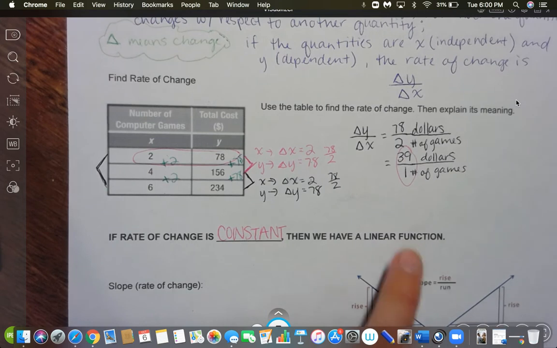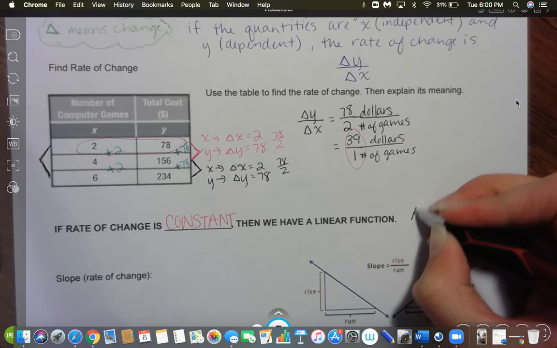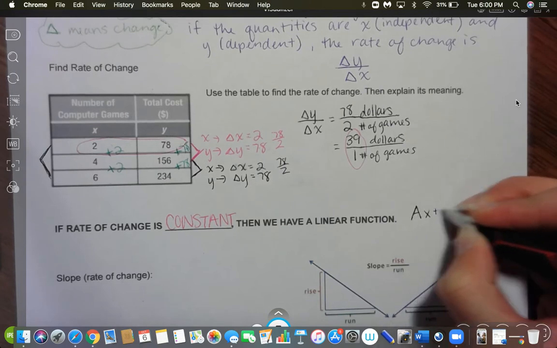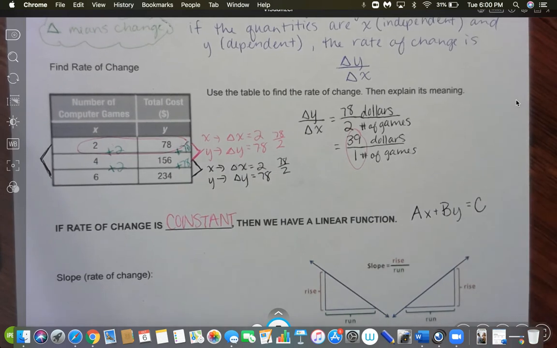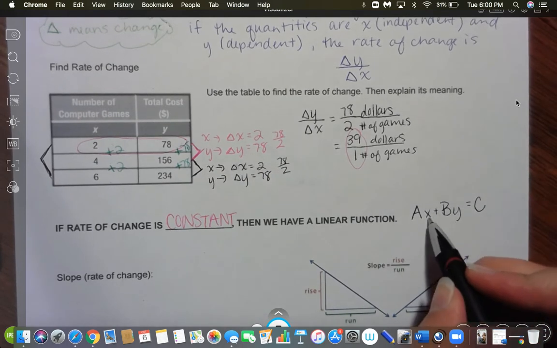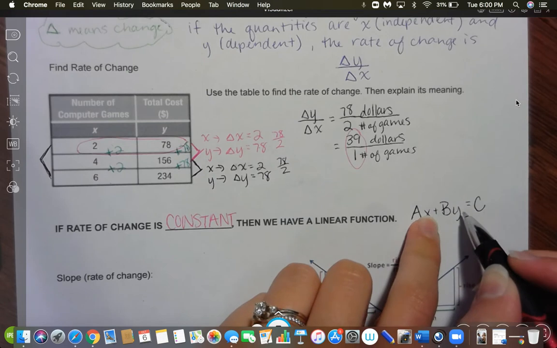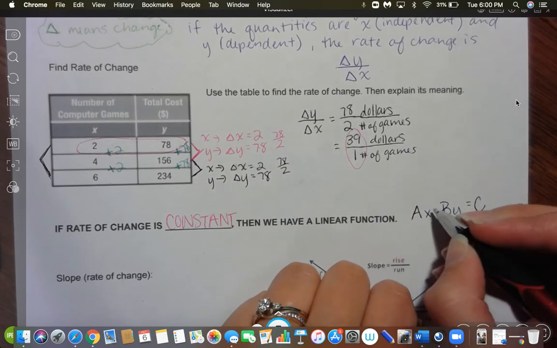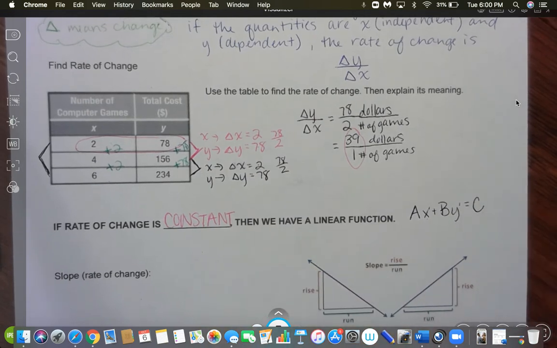Okay, and we had talked about linear functions or linear equations yesterday. If you remember the standard form for a linear equation, it is ax plus by equals c. All right, so there's an x and there's a y. Okay, we have a constant, and then the exponents on the x and the y are both 1, right? If there's no exponents shown, that means there's an exponent of 1, right?